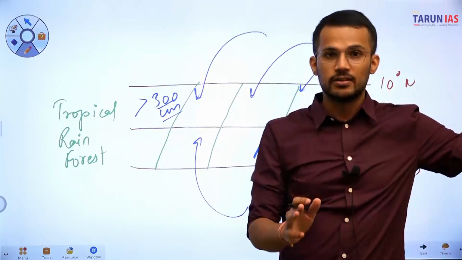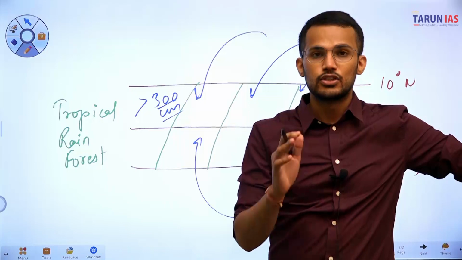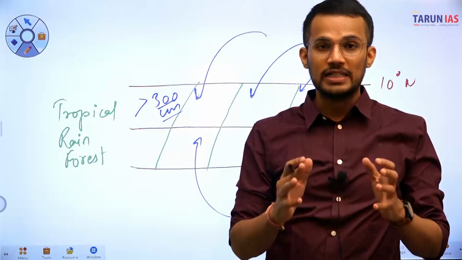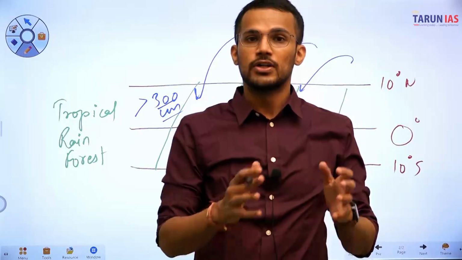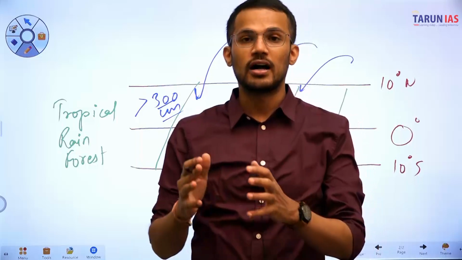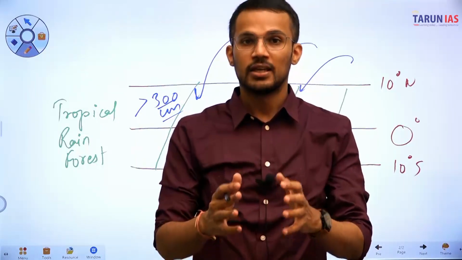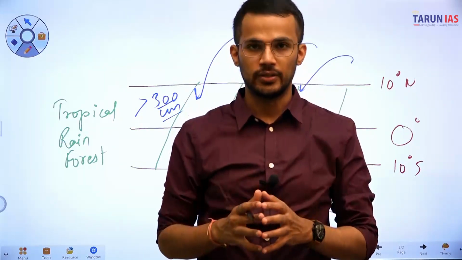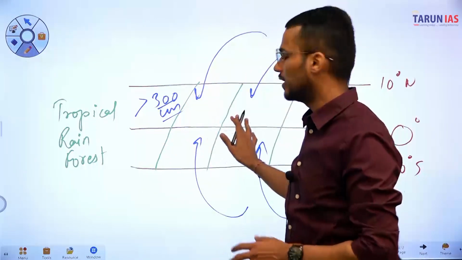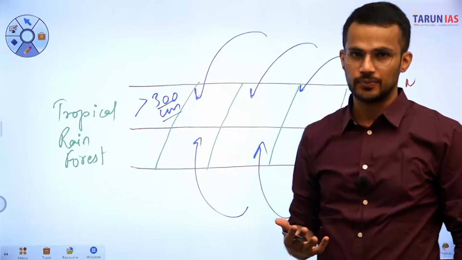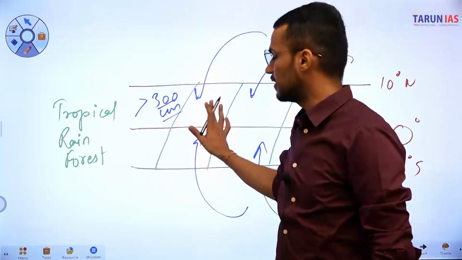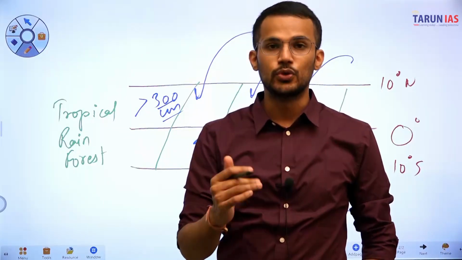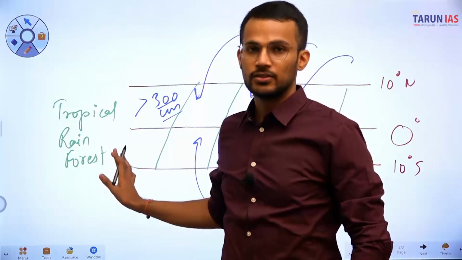And that is the reason because of which the soil is deprived of nutrients. As a result of leaching and lateralization of soil, the nutrients are removed from the soil, and hence soil becomes nutrient deficit soil. And that's why this particular soil is known as laterite soil. It is laterite soil that is present in this location because it is leaching and lateralization of nutrients that is being witnessed by this soil.